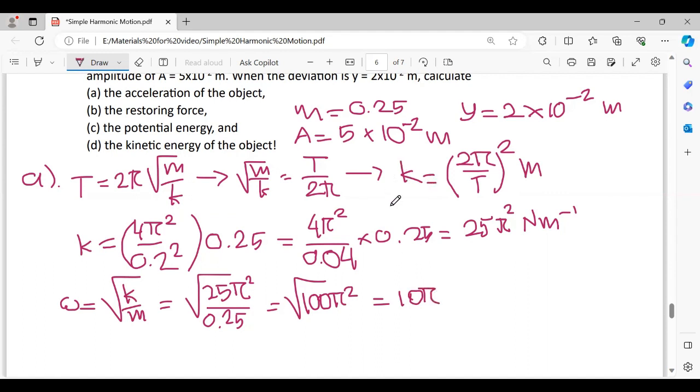And for omega, the unit is radian per second.